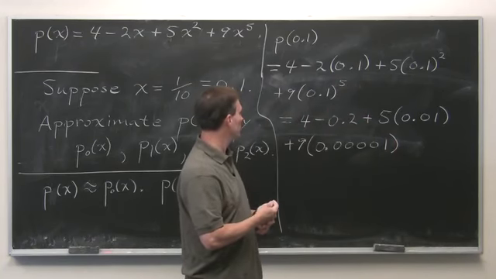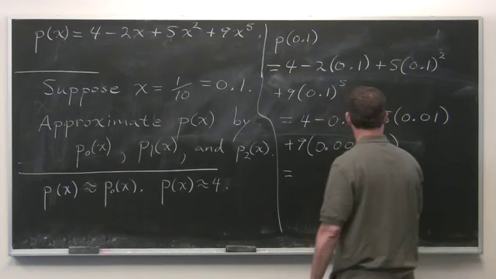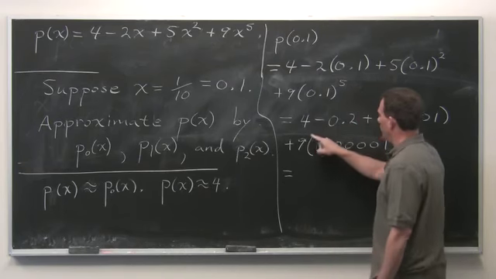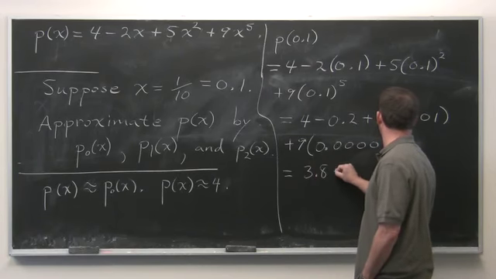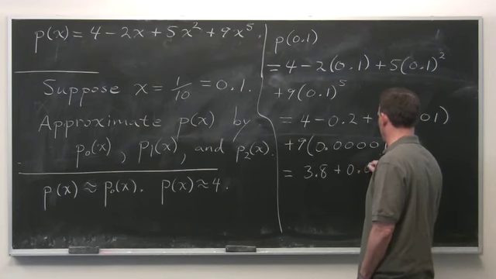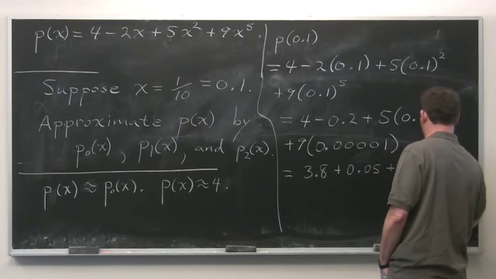Okay, so, 1, 2, 3, 4, yes, okay. And so this is 4 minus 0.2, 3.8, and then plus 0.05 plus 0.0009.